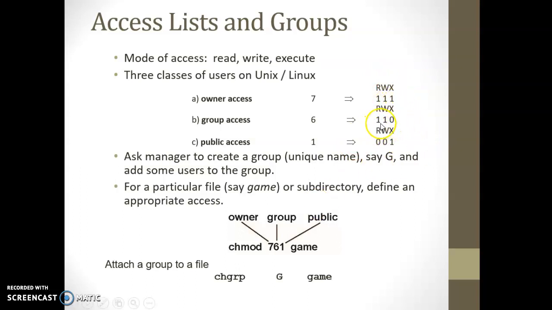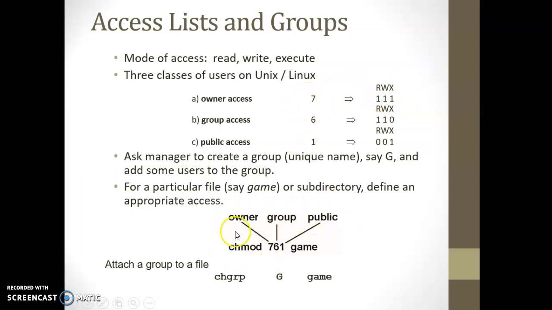Second example, 110, means the user can read and write, but cannot execute. These numbers are actually in binary form. So 110 in binary, if we convert to decimal, becomes 6. The same goes for 111, which in binary converts to decimal 7.